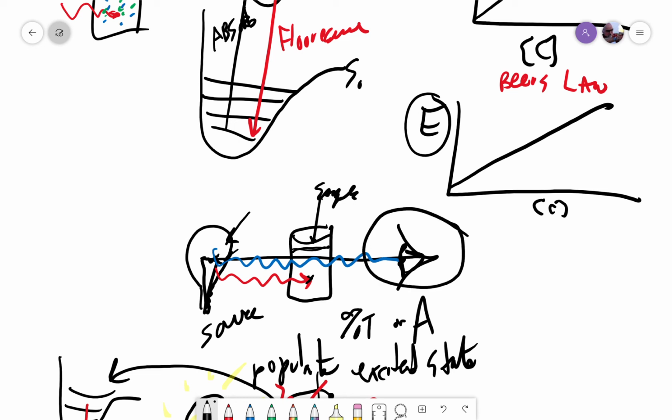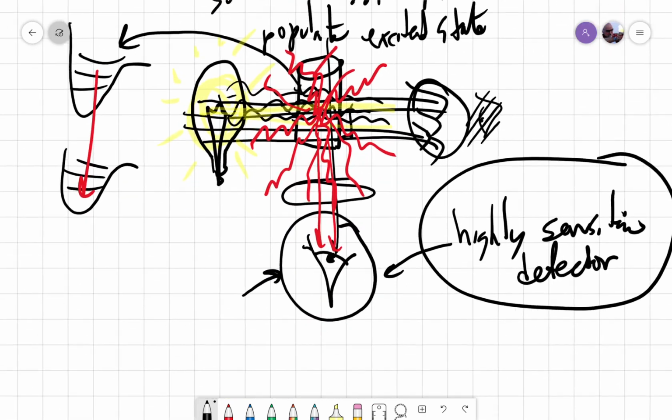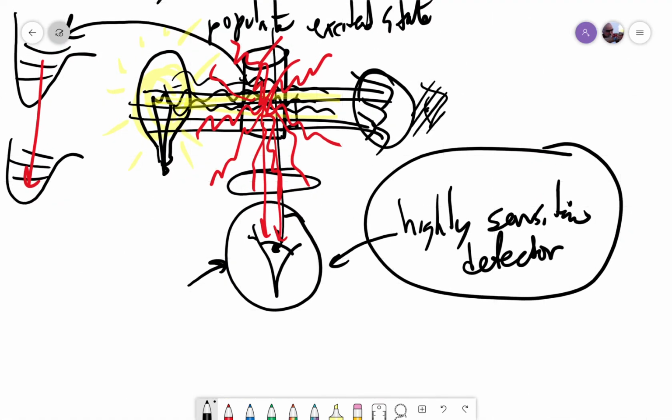This detector in absorbance needs high dynamic range, which means low sensitivity, as opposed to fluorescence, which can use a high sensitivity detector with low dynamic range, because it doesn't have to differentiate between the source output. All it has to do is count the photons that are being fluoresced.